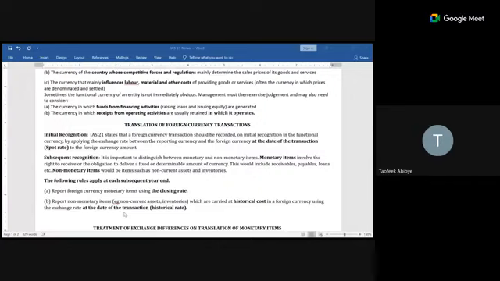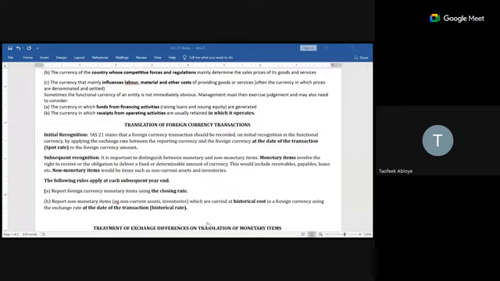When we want to solve the question, I will explain why this should be the closing rate, because it is a monetary asset.